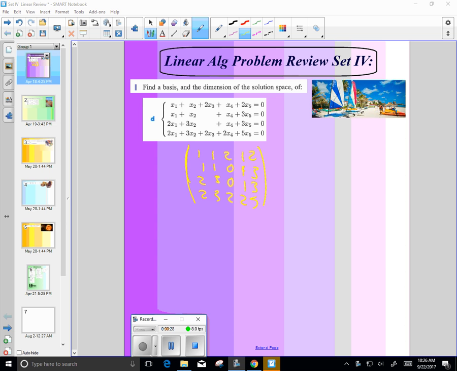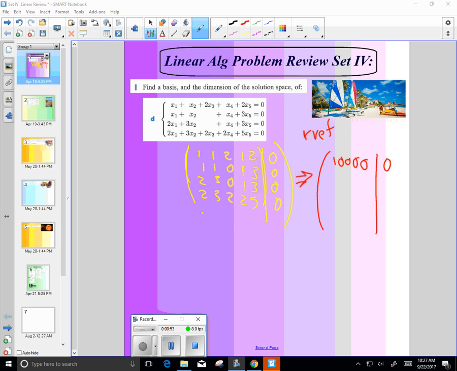And you're going to take that and put it into reduced row echelon form. That's what you're going to do. In doing so, I need to hear what you get. 2, 3, 4, 0.